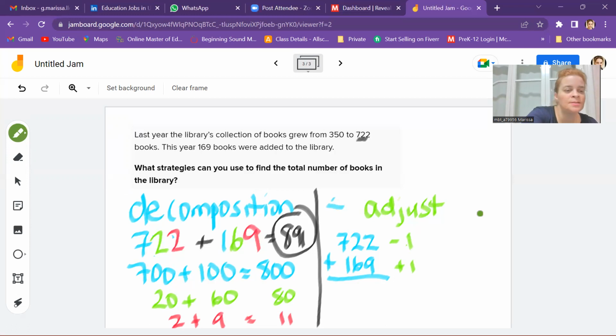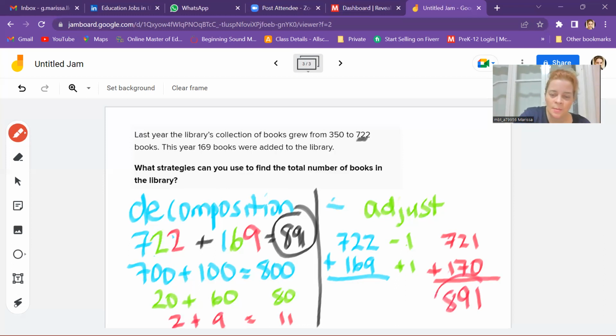Right? So how much is 169 plus 1? 170. And how much is 722 minus 1? 721. If we add this together, it becomes what? 1, 2 plus 7 is 9, and 7 plus 1 is 8. This number would also equal the same as this.